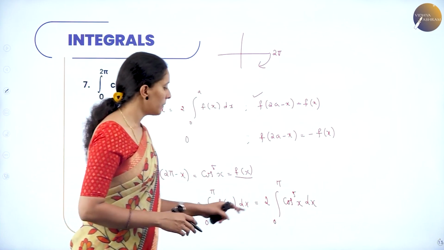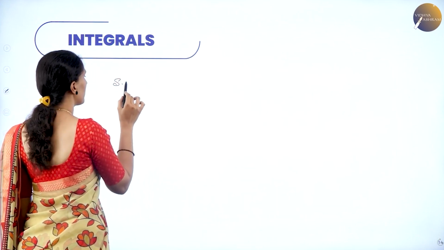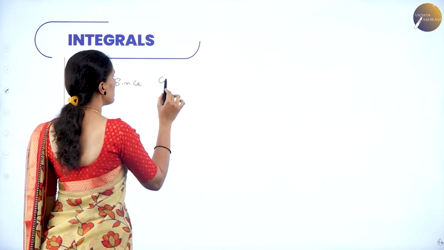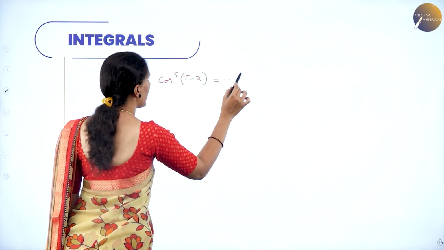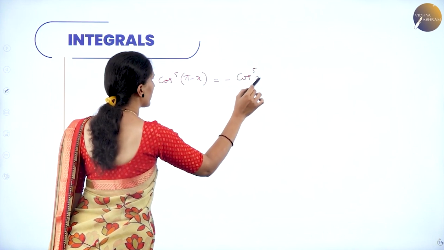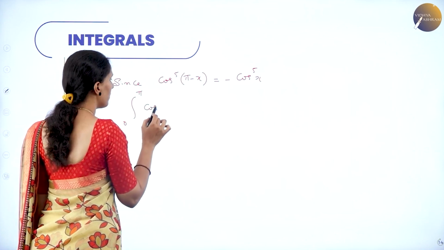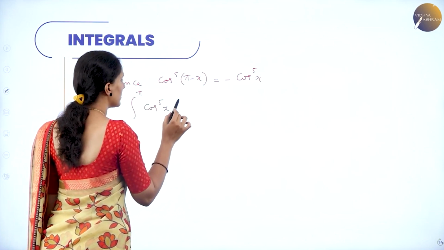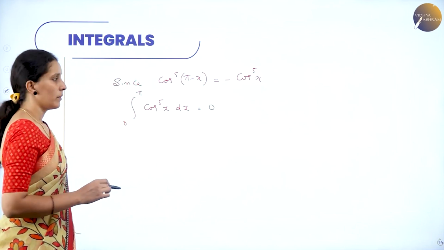Now again, let me see what is cos power 5 of pi minus x. Since cos power 5 of pi minus x is equal to minus cos power 5 x, the integral from 0 to pi of cos power 5 x dx becomes 0.